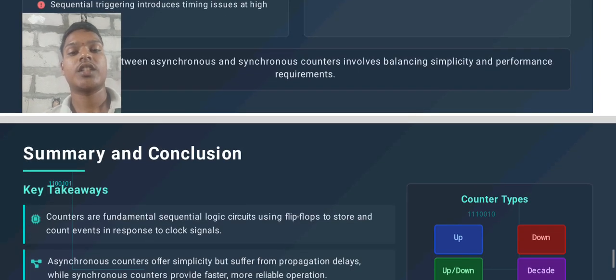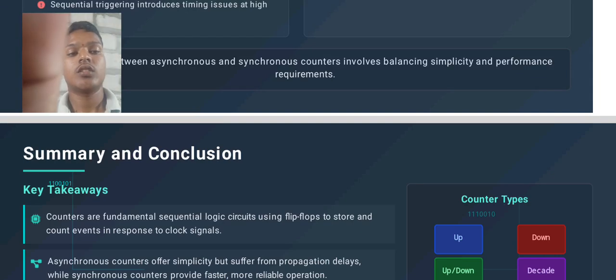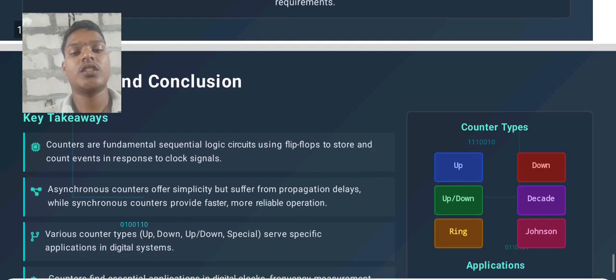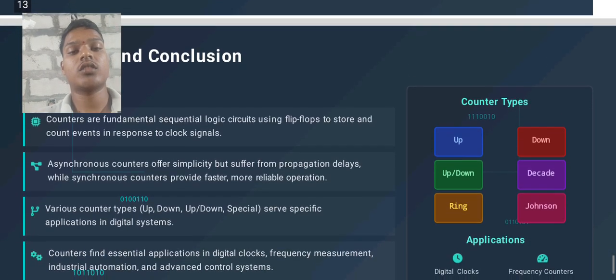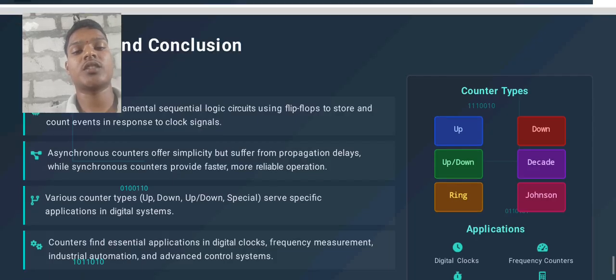Summary and conclusion. Key takeaways: counters are fundamental sequential logic circuits using flip-flops to store and count in response to clock signals. Asynchronous counters offer simplicity but suffer from propagation delay, while synchronous counters provide faster, more reliable operation.